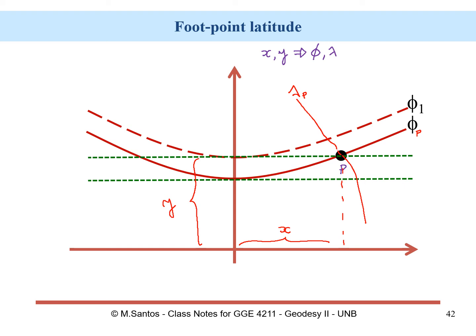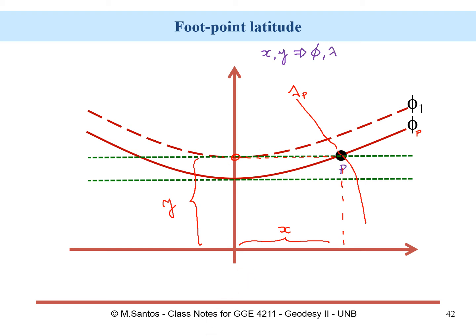Now, the interesting thing is that in a grid coordinate, we know the latitude of this point here. This latitude, okay, that's what we call foot point latitude, because it is the projection, well, like the projection along the y, okay, points of same y value. It hits here. We know this latitude of this point here.